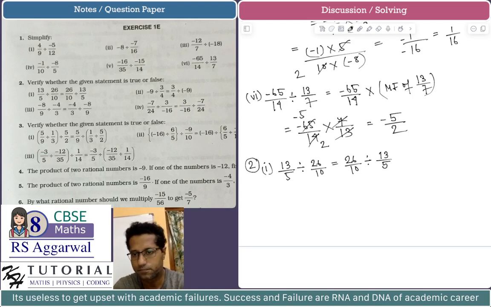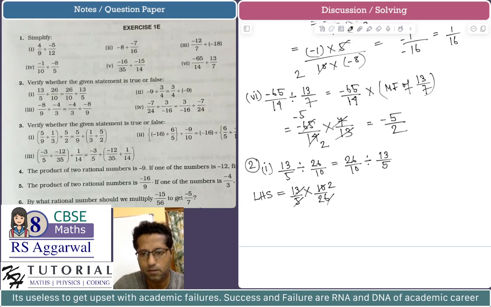For example, in this case I do not think they are commutative, because the left hand side is 13 by 5 multiplied by the multiplicative inverse of 26 by 10, that is 10 by 26. If you do cancellation, it will be equal to 1.